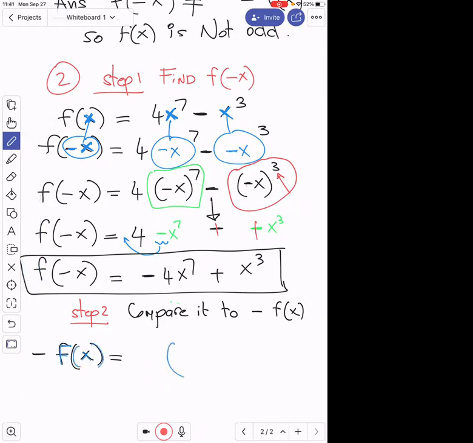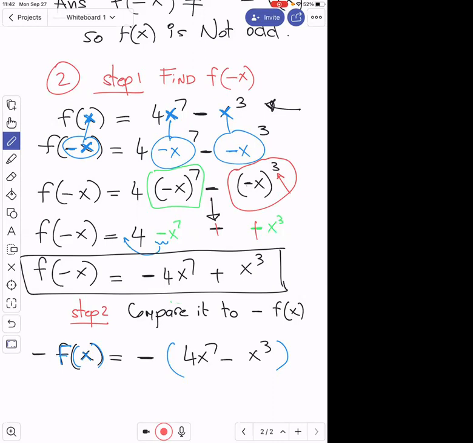Again, you need to put the f of x between parentheses, otherwise I'm sure you're going to get the wrong answer, because as I said, you need to distribute the minus sign. So inside the parentheses, I have my original function f, which is the initial one, which is 4x^7 minus x cubed.